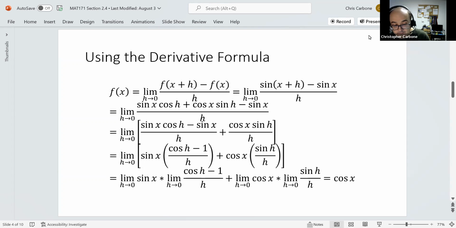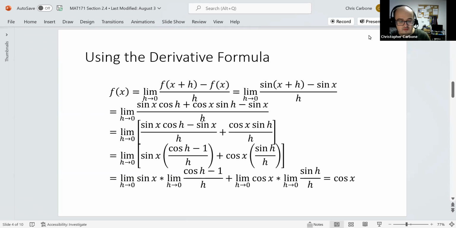Now, based on factoring out in both of those, we have the limit as h approaches 0 of the sine of x times the cosine of h minus 1 divided by h, plus the cosine of x times the sine of h divided by h.